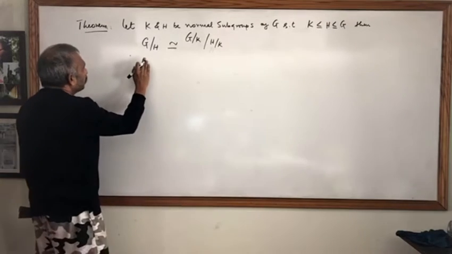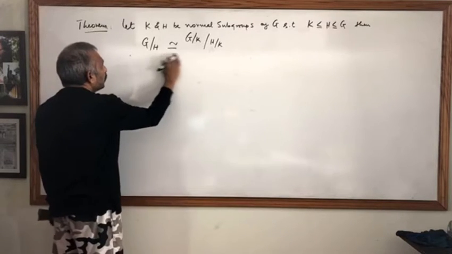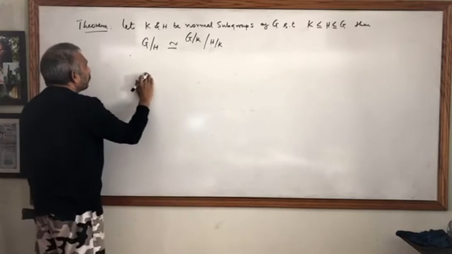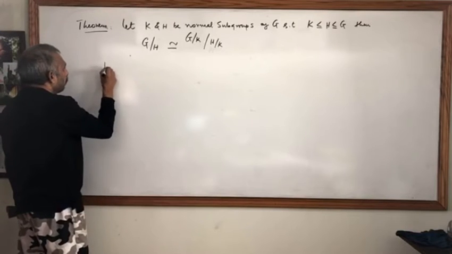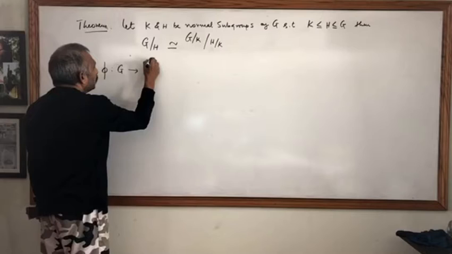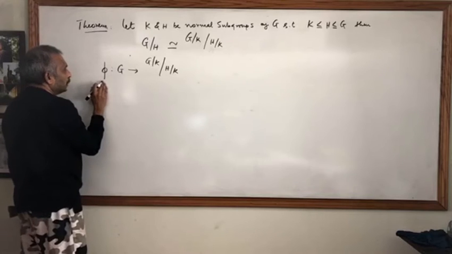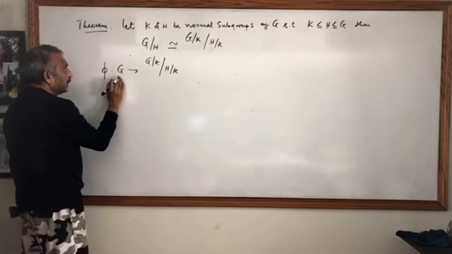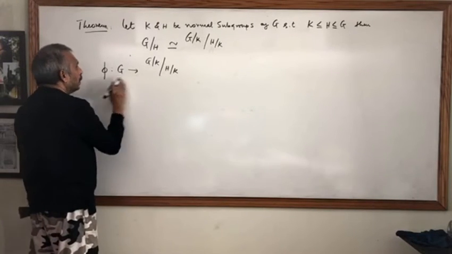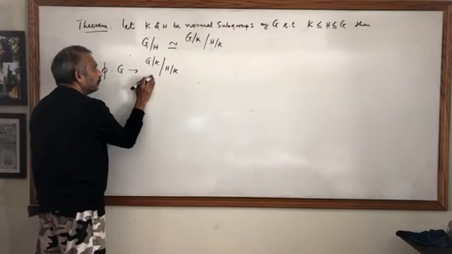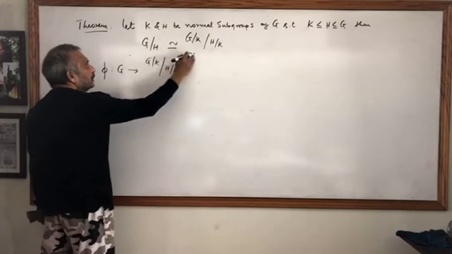In order to show that these two are isomorphic, the approach is to define a map from G to G over K over H over K, and show it is an onto map, a homomorphism with kernel H. Then with the first theorem, this is going to be isomorphic.